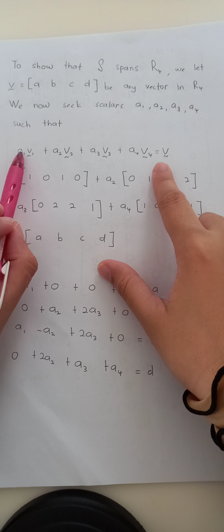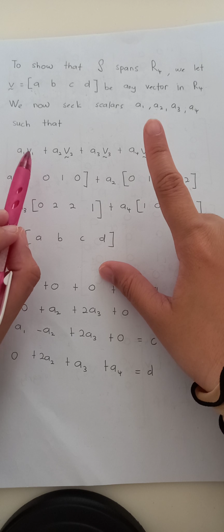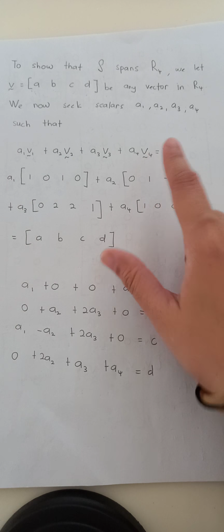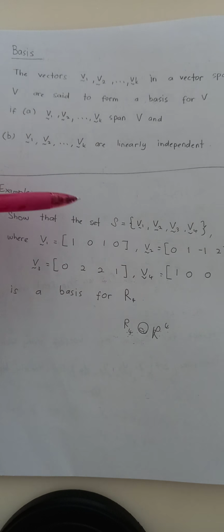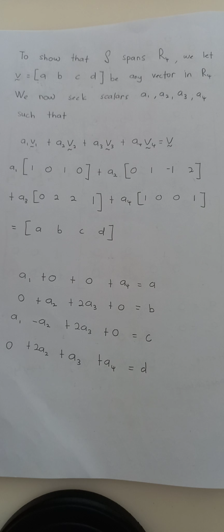So since we have V dia sampai 4, ikut soalan V dia sampai 4. Okay, tengok balik soalan tu. Okay, see this soalan untuk tunjuk dia basis. Kita have V1, V2 and V3 and V4, right? So therefore we have in this kind of form lah.